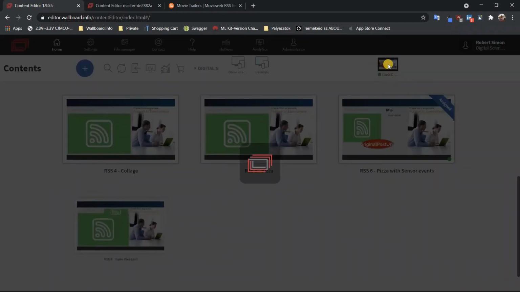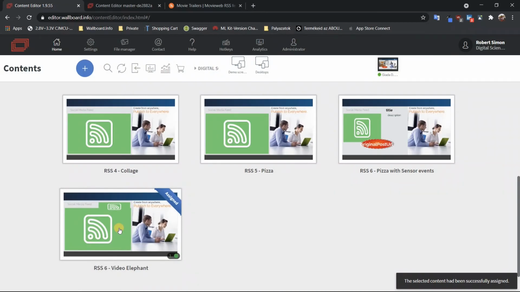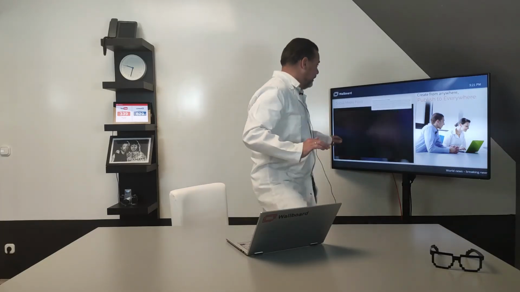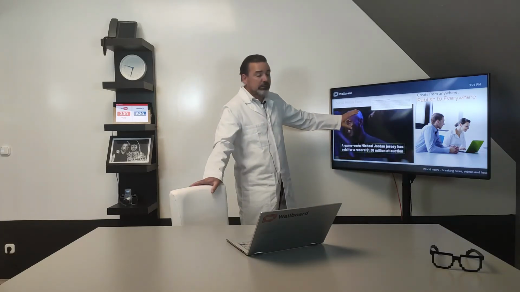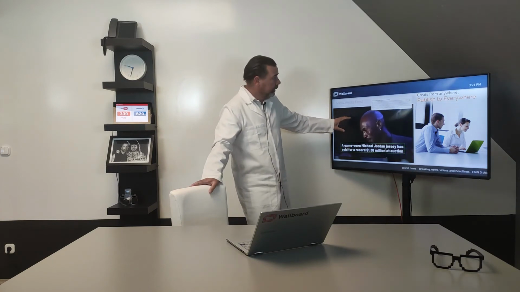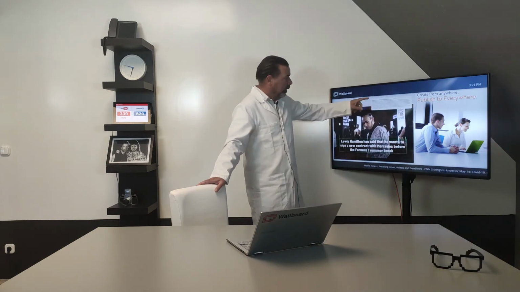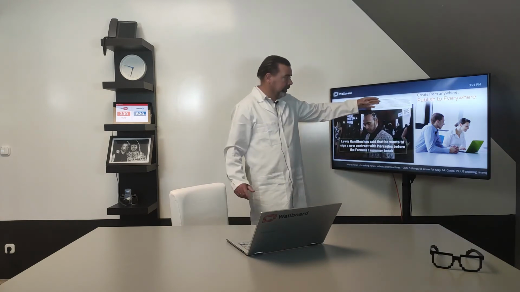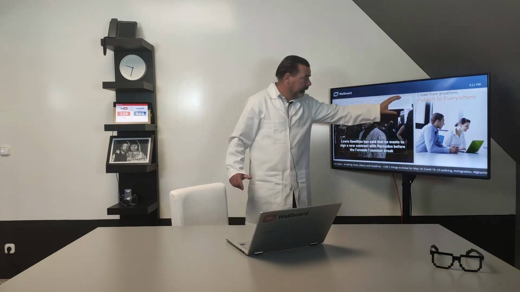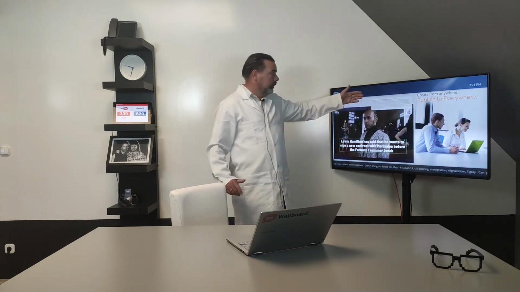And let's take a look at the last one, which is a live video channel. We have a partnership with a provider called Video Elephant, and if I drag and drop this content onto the screen, you will see that a video is played here in the main section, and the description of the video, which is also a title and a body, is displayed over there as a standalone field.